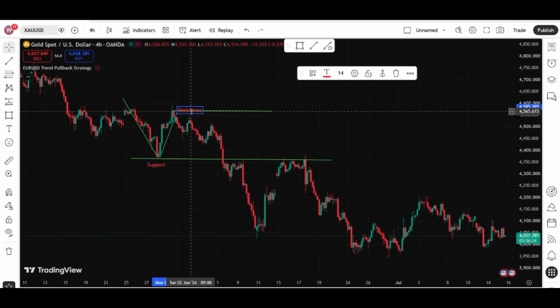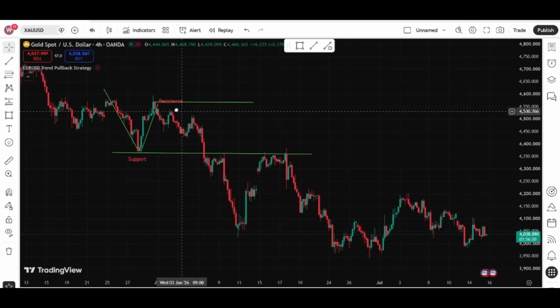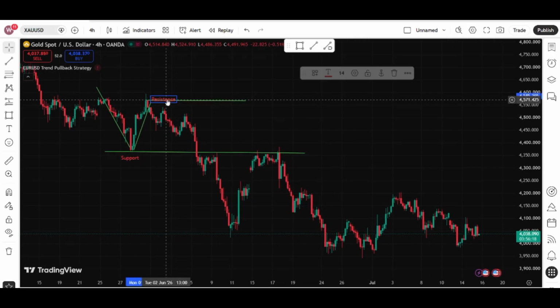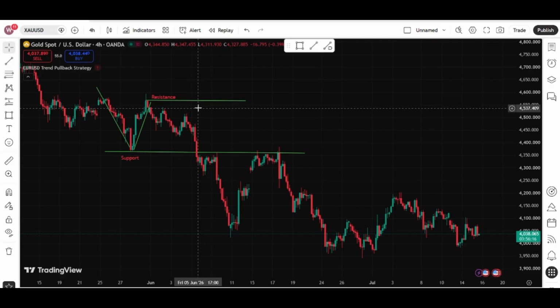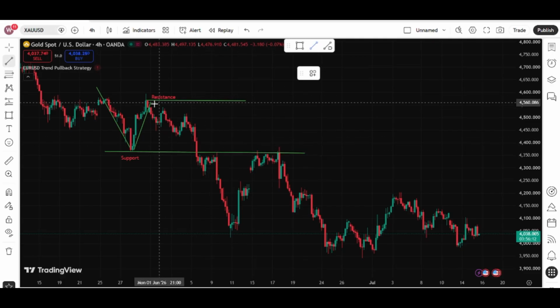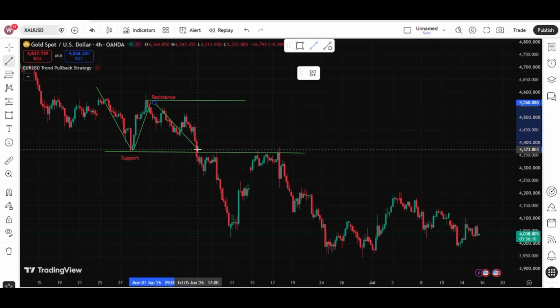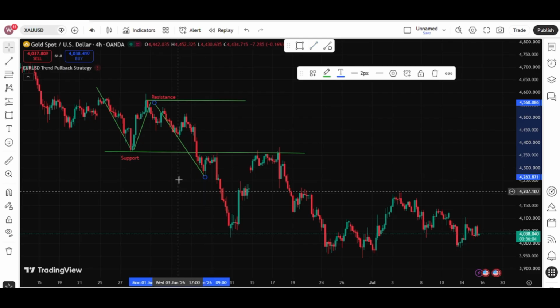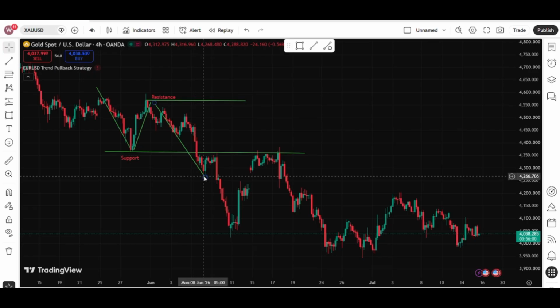Resistance. Right? And then the market came all the way down, but when it got here, the market broke this level. So when the market broke this level, I call this a break.